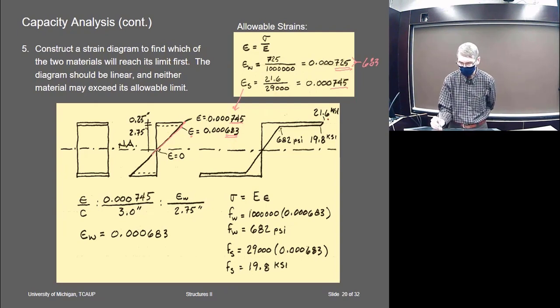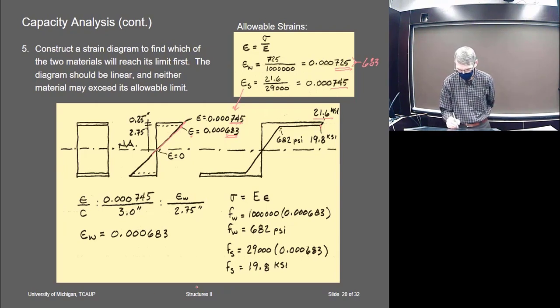And then I can simply calculate the stresses in the material. So given that strain, well, that's how I got that strain, was based on the maximum stress. I have that stress. If I wanted to calculate the rest of the diagram, I don't really have a reason to, but you could simply take at this strain, find out what the stress is in the steel.